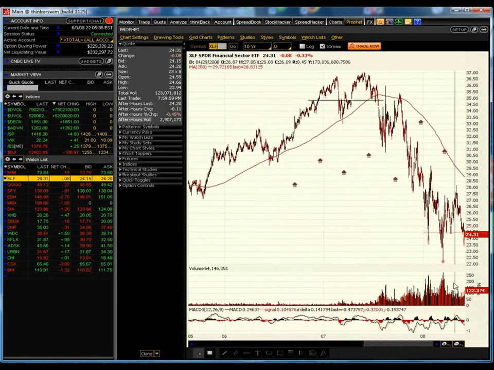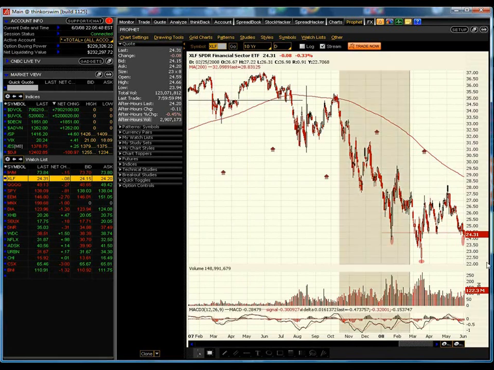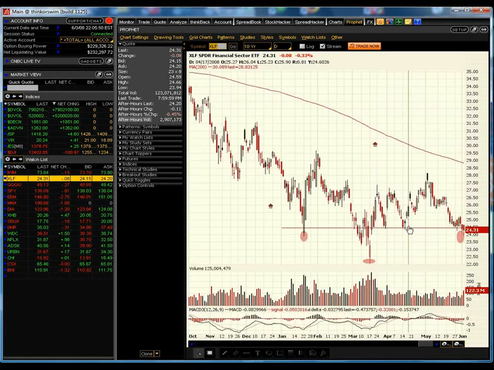It's a little too early to tell yet, but if the financial sector is starting to perk up a little bit here, this is an ETF that I'd be very interested in taking a look at and doing some of the strategies that I reveal in Module 11.